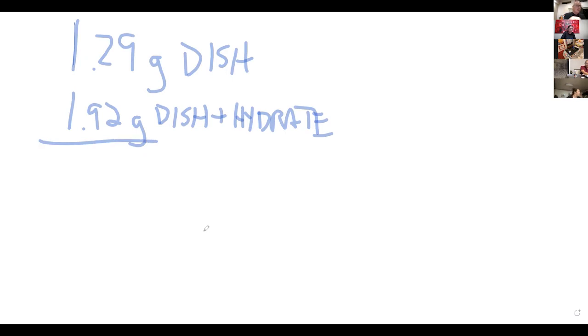So the mass of my hydrate is 0.63 grams. So you can see we're basically going to be stuck with two significant digits for this particular lab.